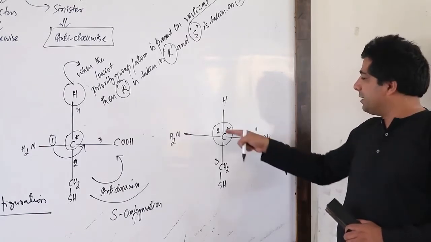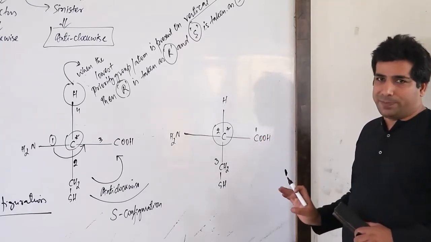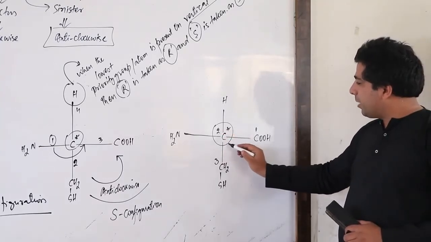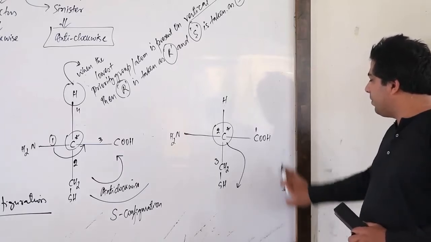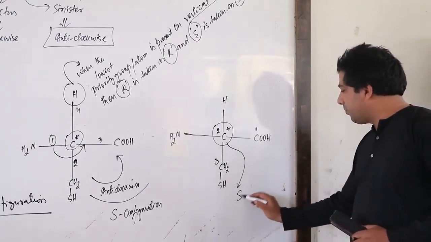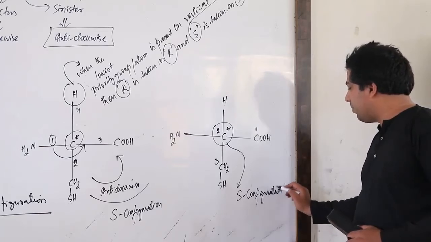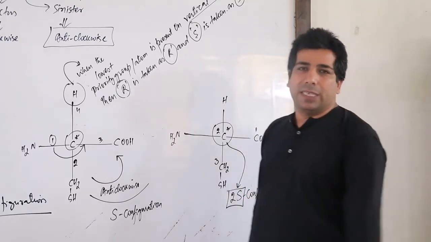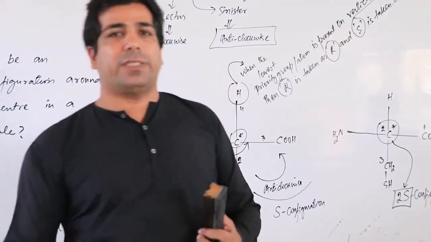So this numbering has nothing to do with the atomic numbers. It is just for the nomenclature. So your chiral carbon becomes the second carbon, and we know the configuration of this second carbon is S configuration. So we'll call it 2S configuration, my dear friends.